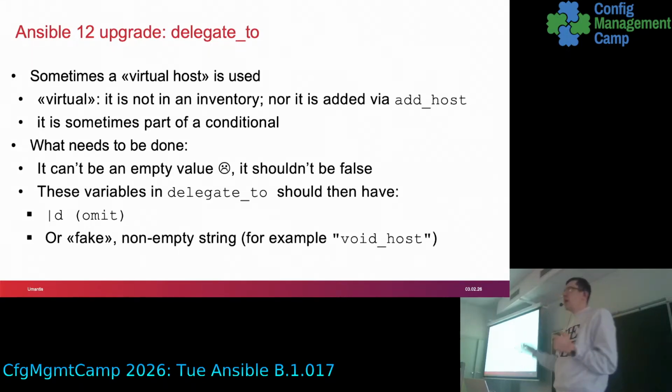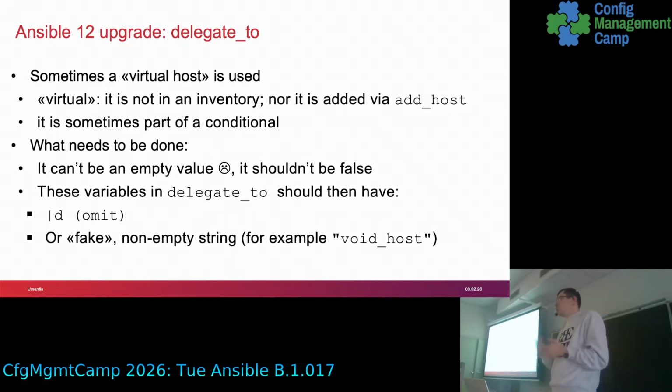And in case your task is skipped, previously you didn't need to populate this variable with a valid value. But now, no, it can't be empty. That is mainly, it can't be undefined. That is maybe the issue.